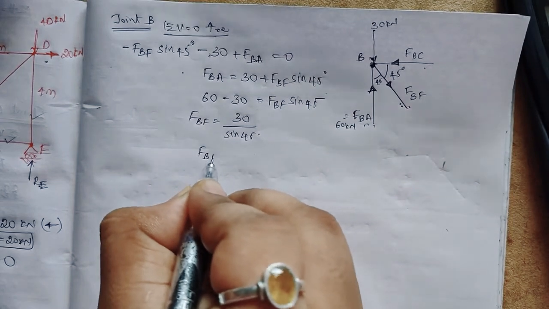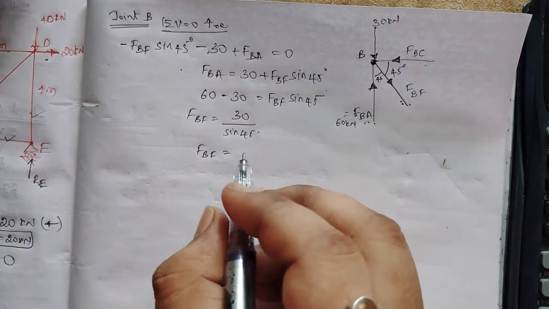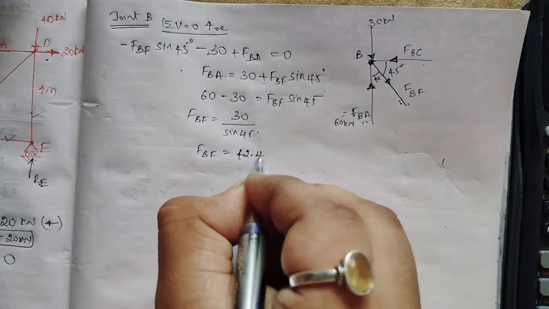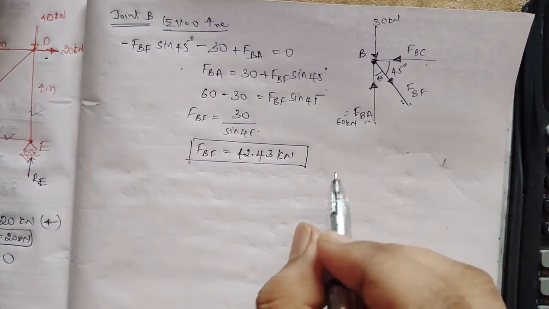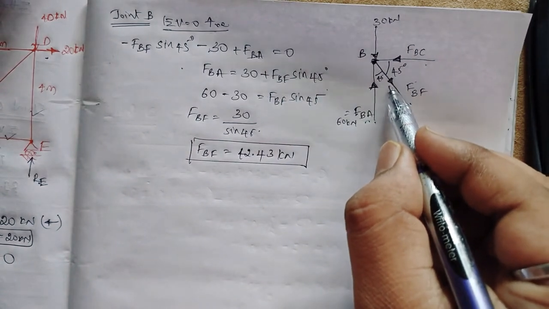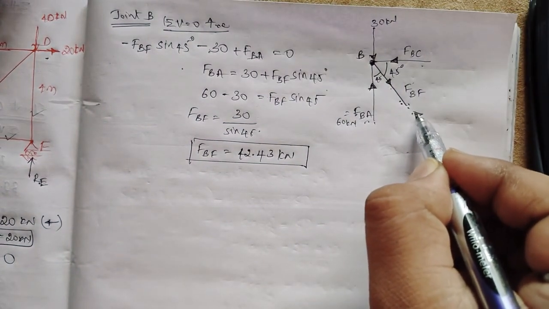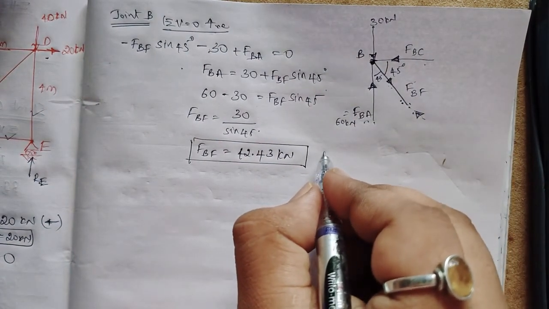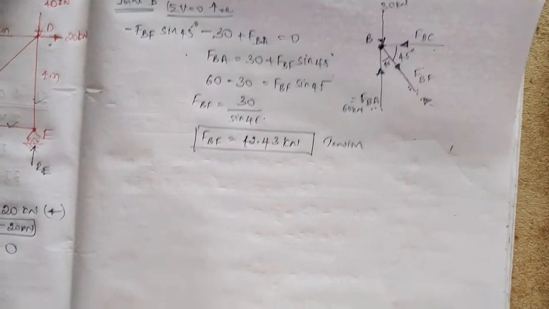So FBF value will be 30 divided by sine 45, which is 42.43 kilonewton. Okay, FBF, what I have taken, is going outside, right? At the other end it is going towards each other, so it is a tension force.